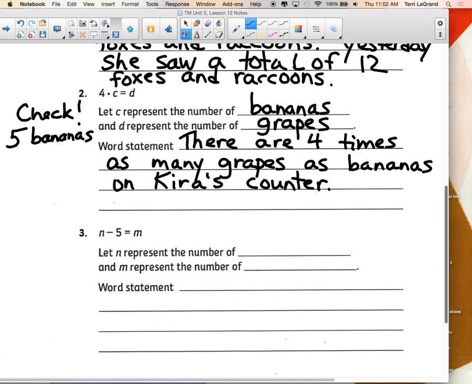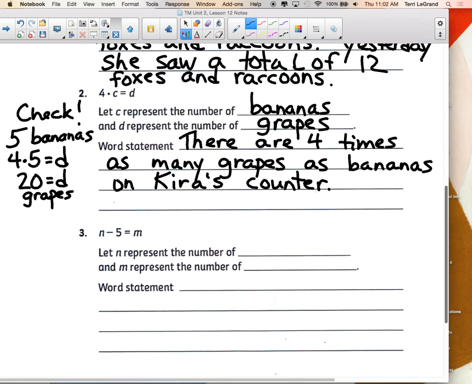There are 5 bananas, and remember the bananas are the C or the D? C. The C. So we have to put 4 times 5, that gives us D, the number of grapes. So 20 grapes, right? 4 times 5 is 20, you agree?